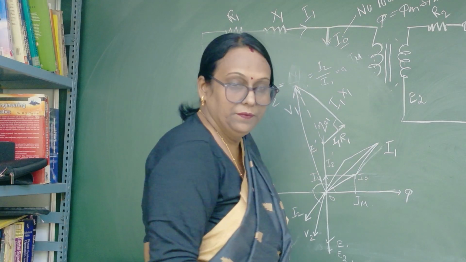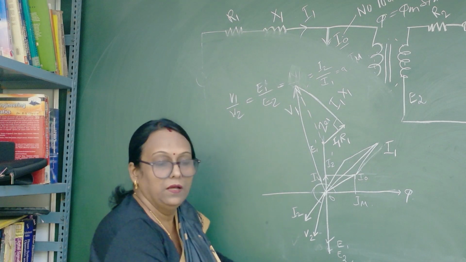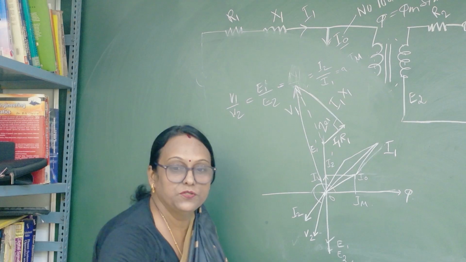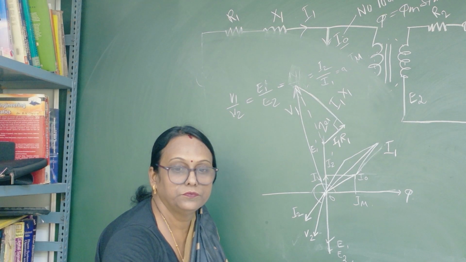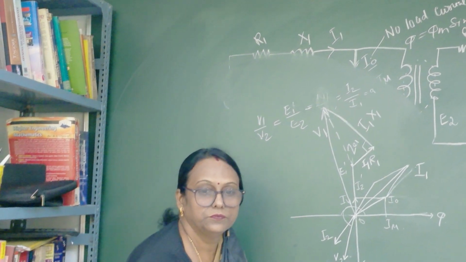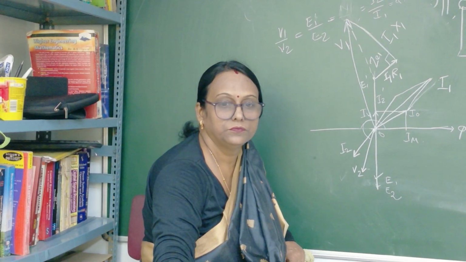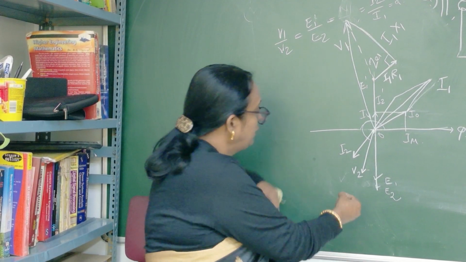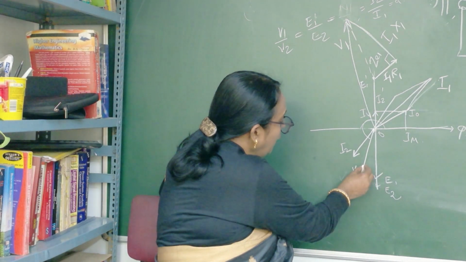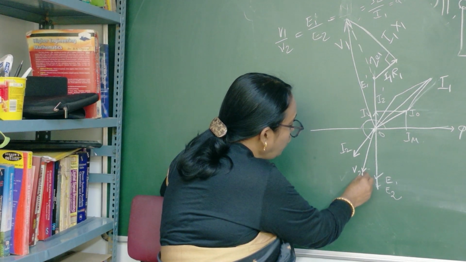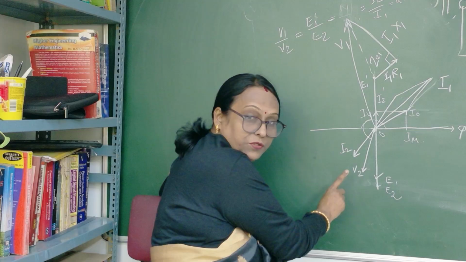In the secondary side, we have to draw the secondary drops. After V2, we have to draw I2 R2.